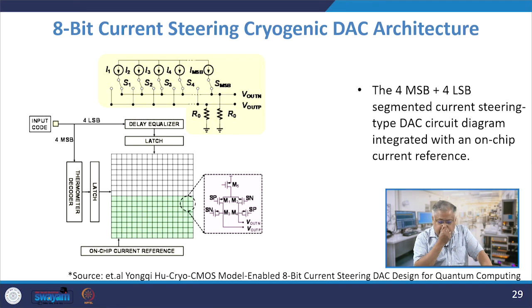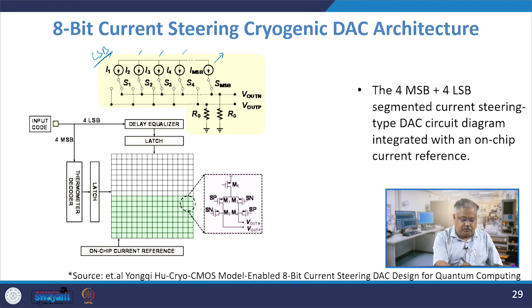Let us give you a first small example about the DAC, or digital to analog converter architecture. It is an 8-bit current steering DAC, where the currents are here I1, I2, I3, I4, and this is the MSB, this is the LSB which is being pointed out here. You send the input code here.